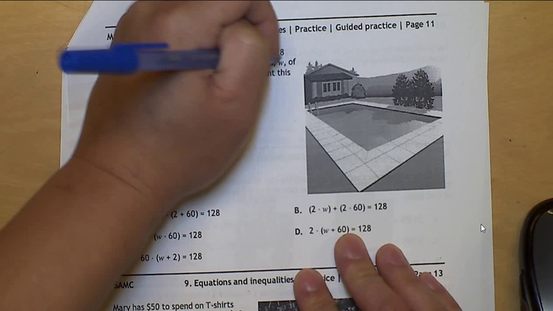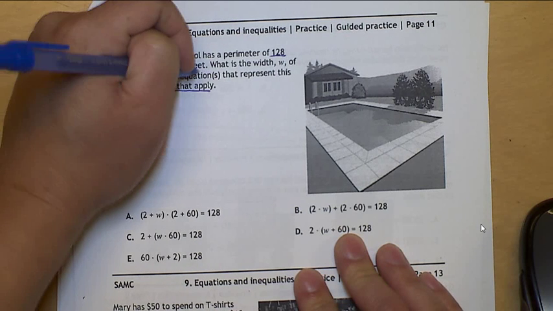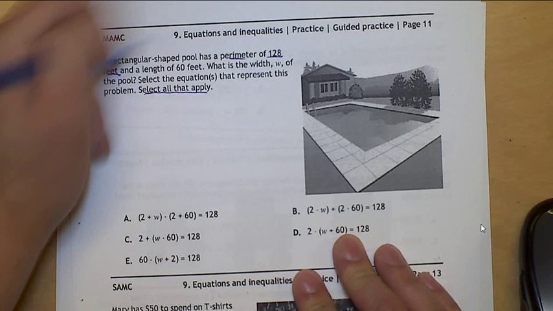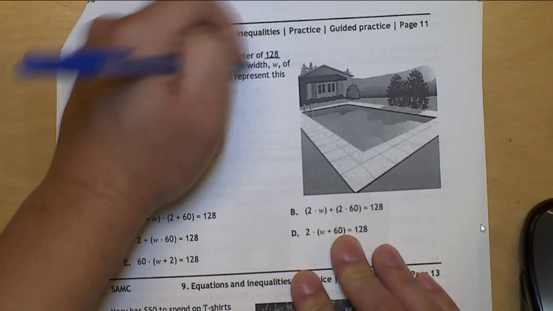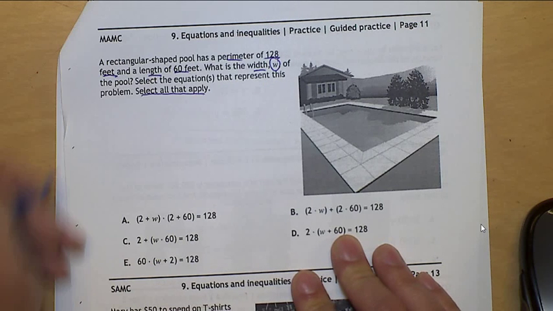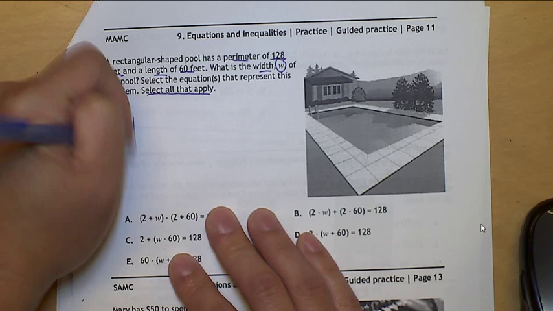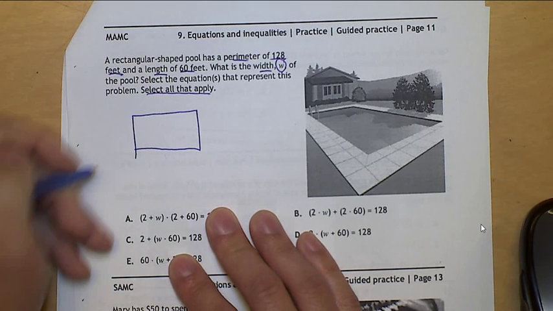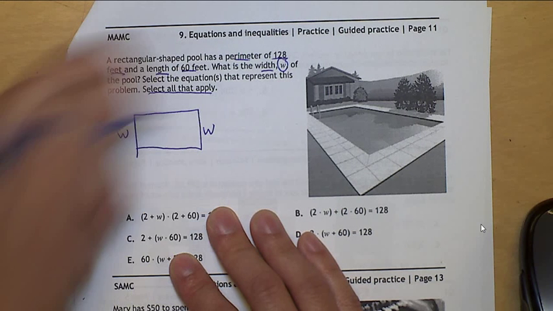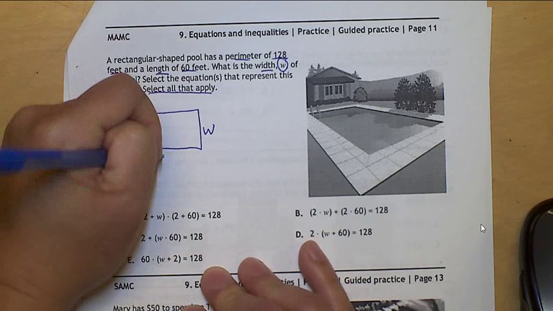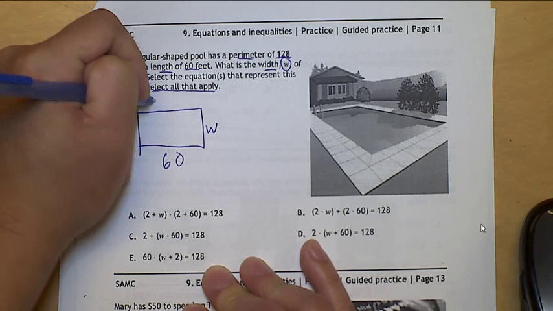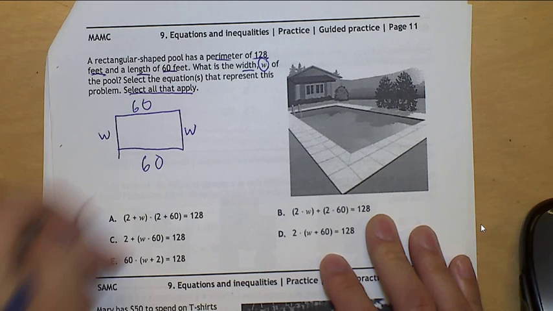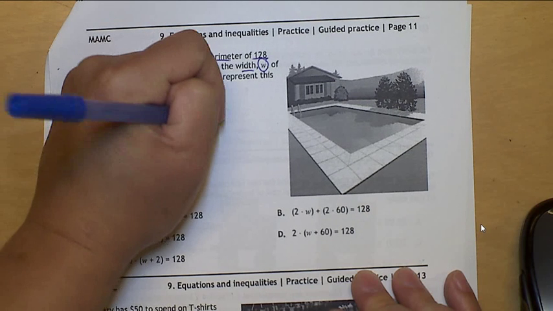We have 128 feet, which is the perimeter, length of 60, width of W. So let's draw this swimming pool, which looks like this. So our width is W, and we have 60 and 60. To find perimeter, we could write it two ways.